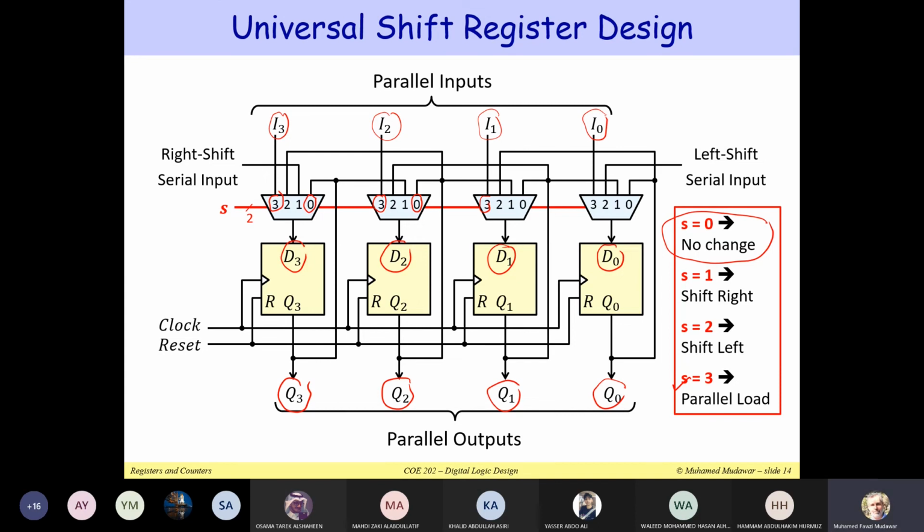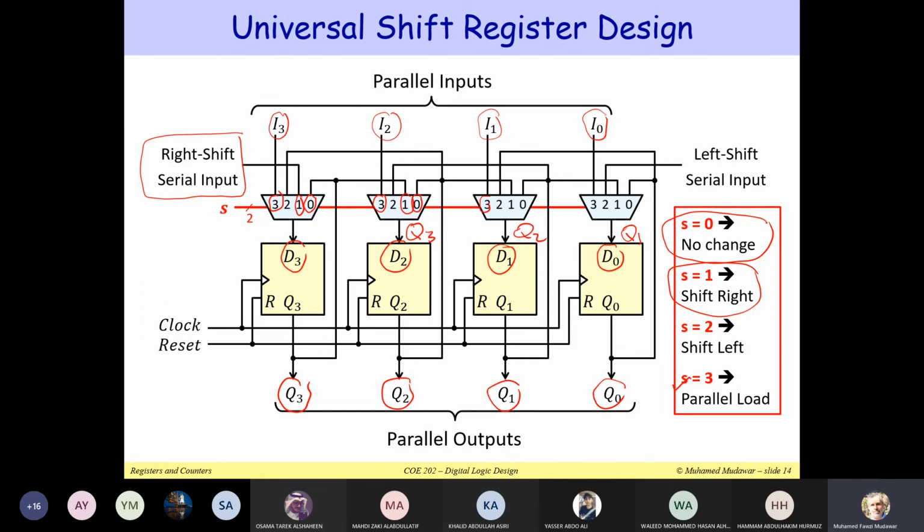If you would like to shift to the right, you can use the right shift input here. This is my serial input. Notice that I'm connecting it to input 1, because 1 here means shift right. Notice how we are connecting Q3 through this input 1 to D2, so this will become Q3, this will become Q2, and this will become Q1.